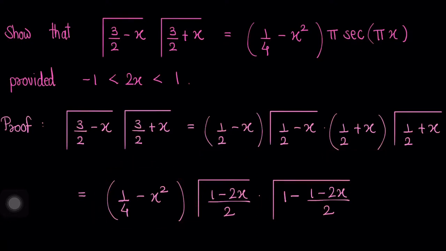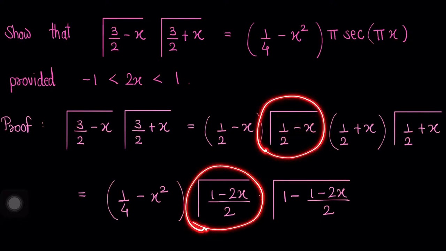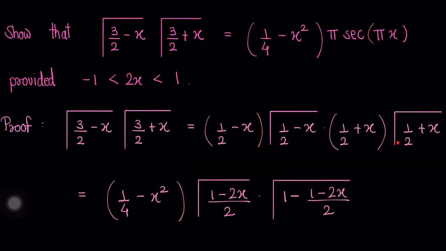Now this gamma of (1 by 2 minus x) can be written as gamma of (1 minus 2x) divided by 2. And this gamma of (1 by 2 plus x), we can write as gamma of (1 minus 2x) upon 2.